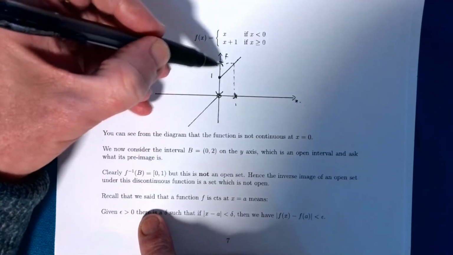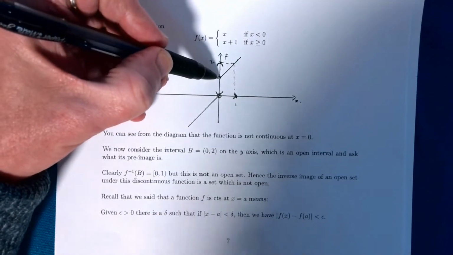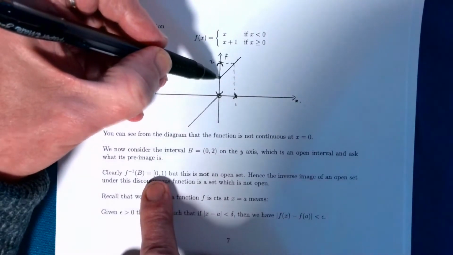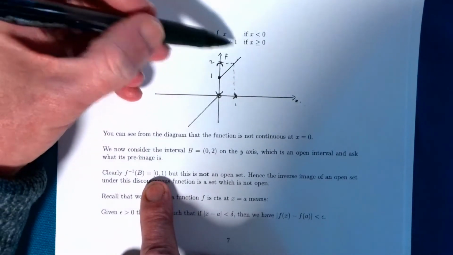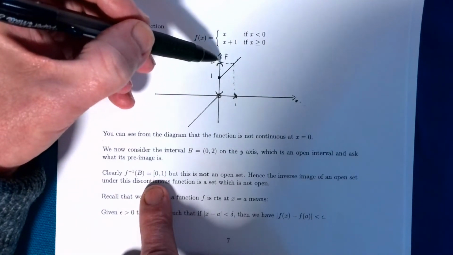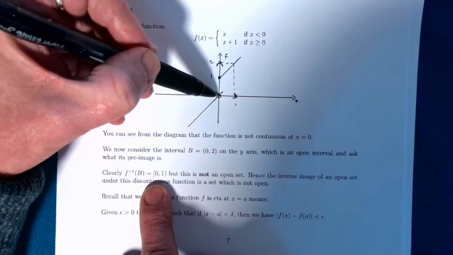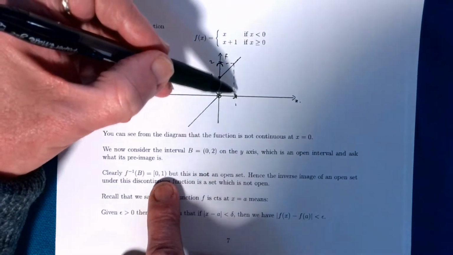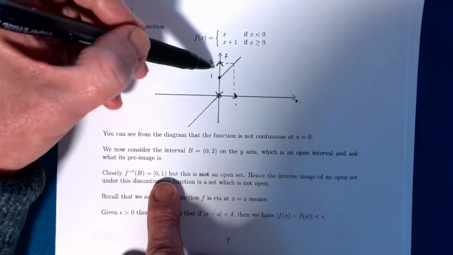But the x values giving the y values here, well, 0 is included because that point is there. So when you put x as 0 in, you do get 1. So the pre-image of this one is going to be 0 all the way along to 1, but it excludes 1 because we excluded 2.